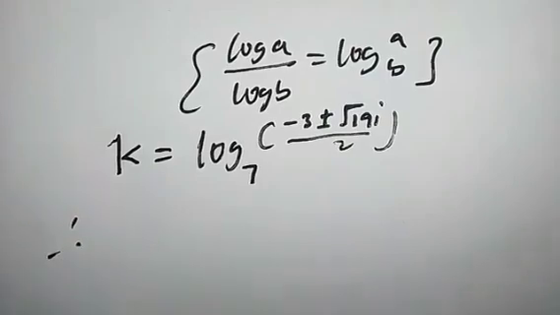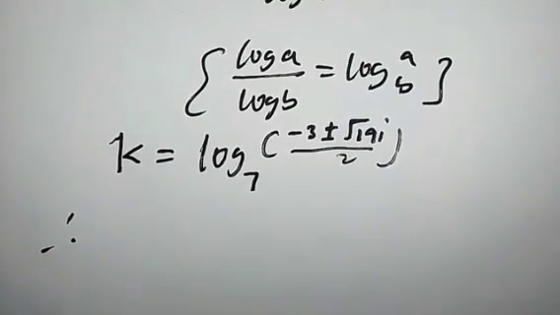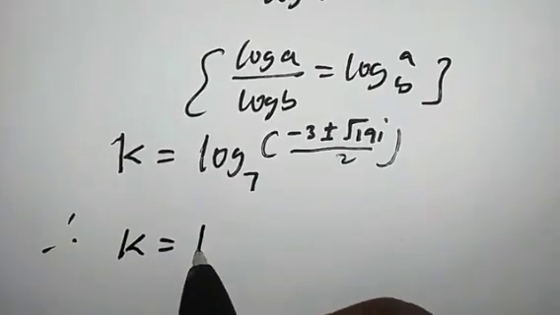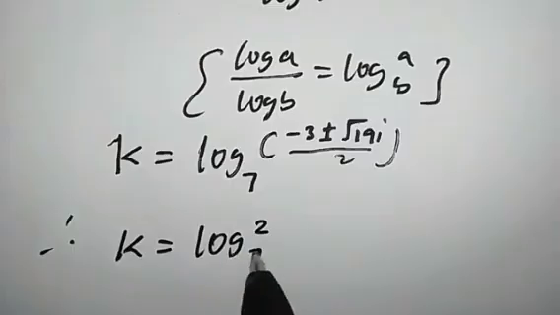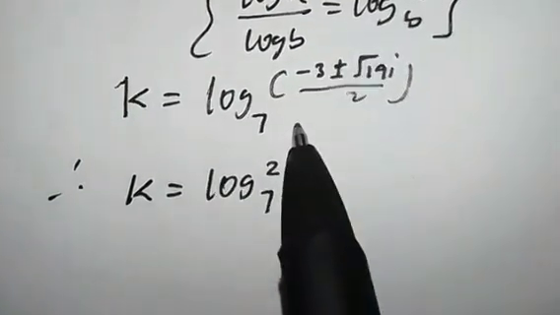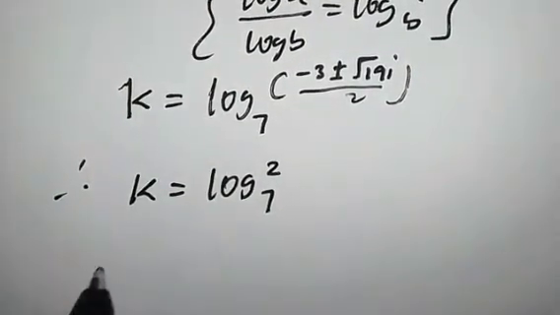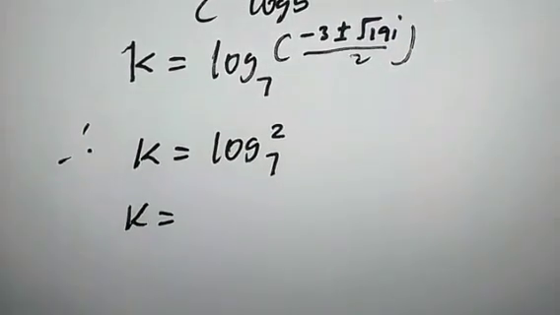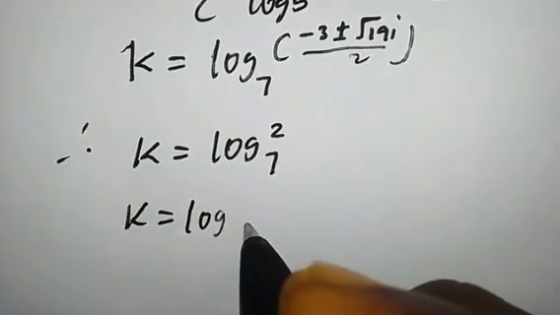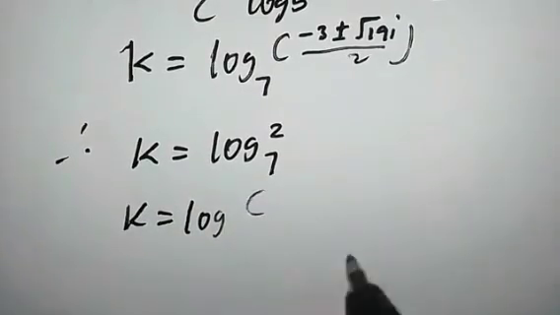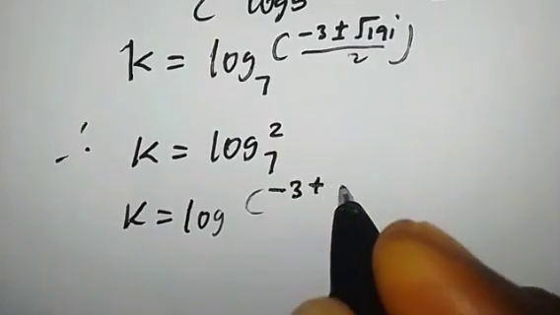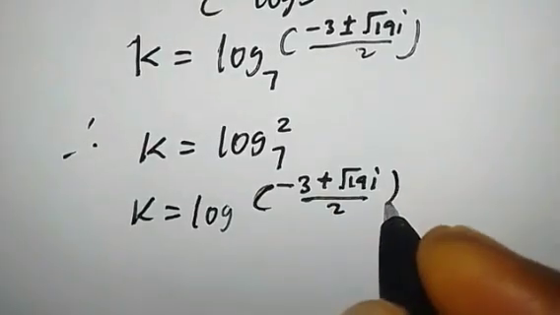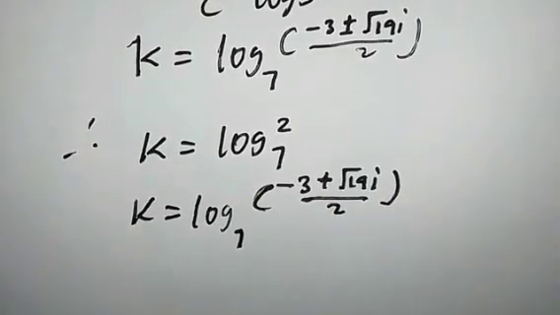So therefore, all the solutions that we have for these tricky exponential equations are k equal to log 2 base 7. This is the first solution that we obtain. From here, we can obtain two solutions. k equal to, consider the positive sign, we have natural log of minus 3 plus square root of 19i over 2, close the bracket, base 7.